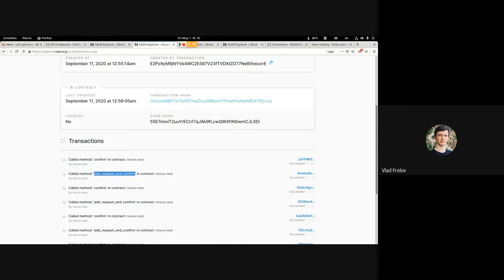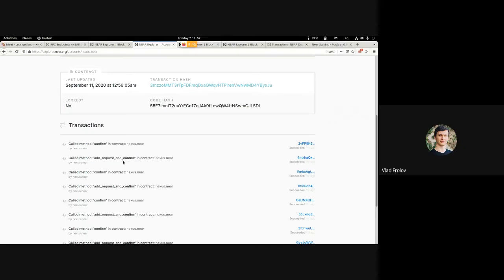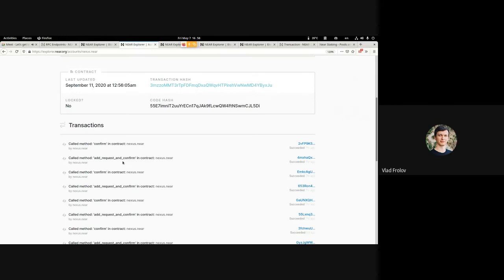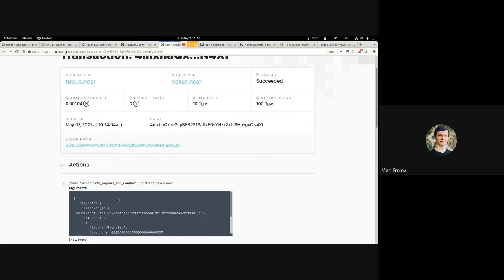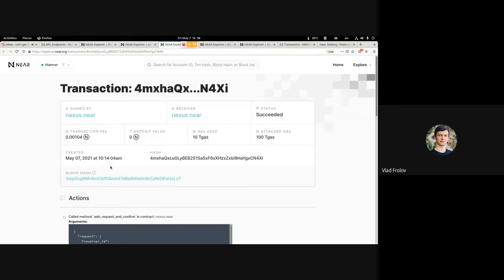First, you need to add request and confirm. Whenever you want to make some change on the blockchain level, but you want to have security in place, for example by also providing a security code from your SMS or any other second factor device, the first stage is that you add a request to your contract.